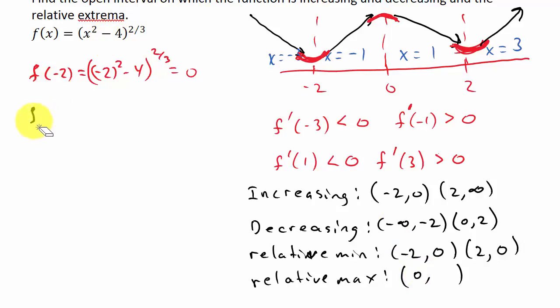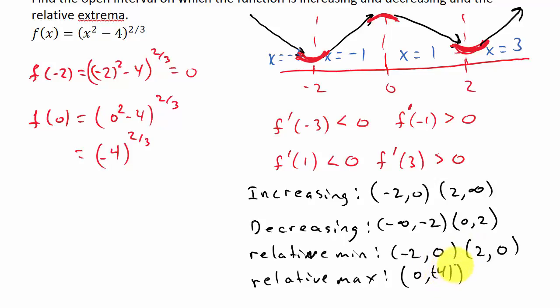So f of 0 is equal to (0 squared minus 4) to the 2/3. And so that's going to be -4 raised to the 2/3. And we can just leave it like that.